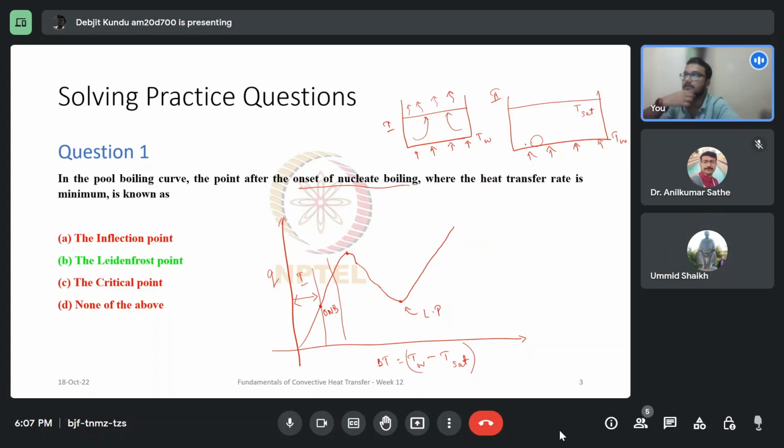So as these bubbles go up, two things happen: they condense, losing vapor, and at the same time they get compressed. Compression and condensation both take place, and they finally cannot reach the surface.